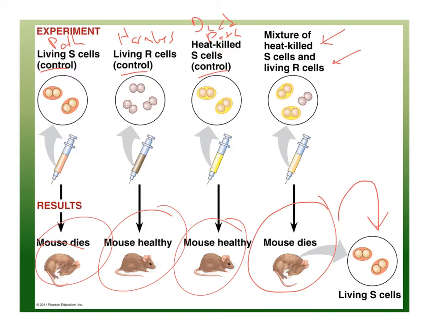So one of 2 things was going on. The pathogenic S cells either had some way to resurrect, come back to life, or the harmless R cells learned how to be bad, learned how to be pathogenic, and killed these mice.